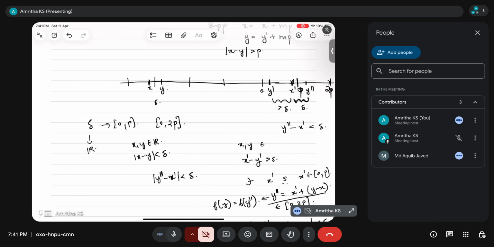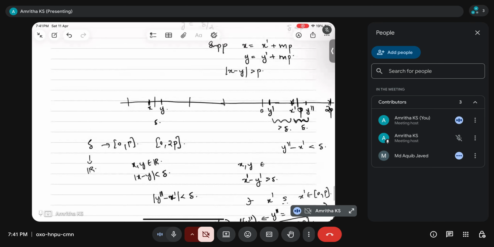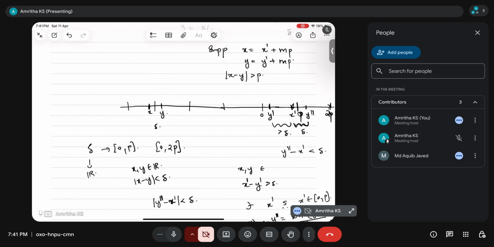From the figure itself you can see, right? f of y is equal to f of y double dash. Look, when you take y double dash equals y dash plus some kp, then it is true.